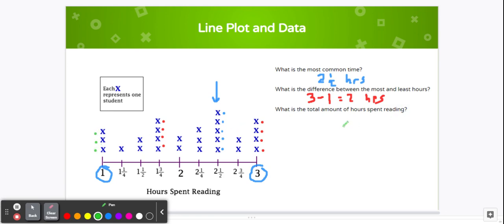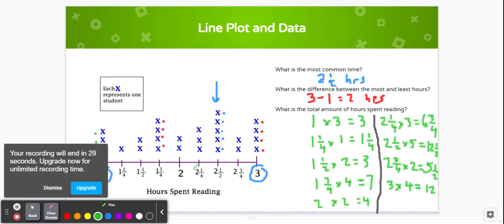So I could say 1 hour times 3, because there's 3 people doing 1 hour, equals 3, right? That's 3 hours for those 3 students per week. Okay, I go to 1 1/4. That's my next one that has a plot there. And that's only one person, so I would do times 1. That's going to be 1 1/4. So I'll fill the rest of these out, and then we'll come back and put them all together.